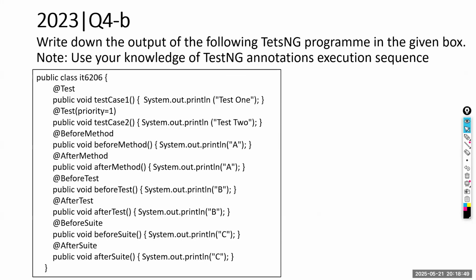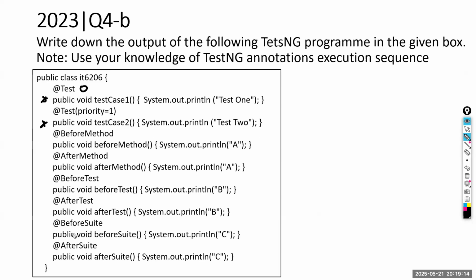How many test cases are there? Two test cases. This is a test case, and this is a test case, but this one must be priority 0 and this one priority 1. So that means this must execute before this. But you can see before method, after method, before test, after test, before suite, after suite are there.